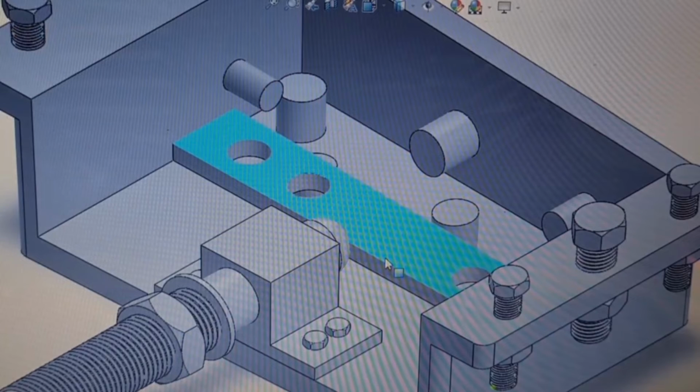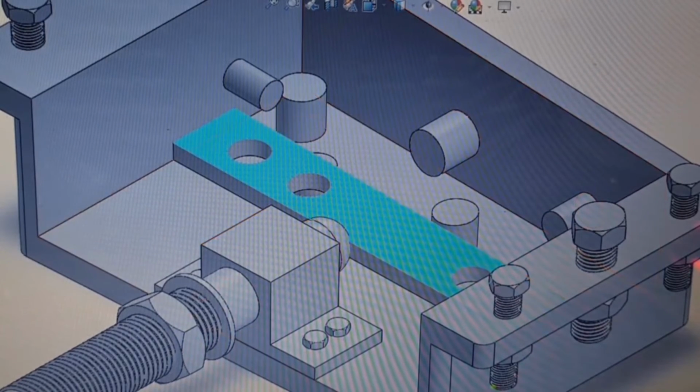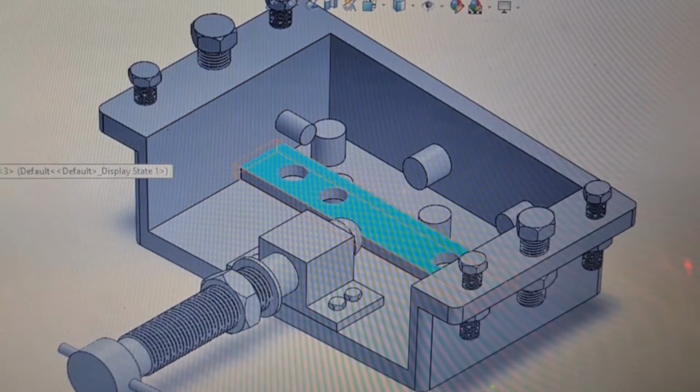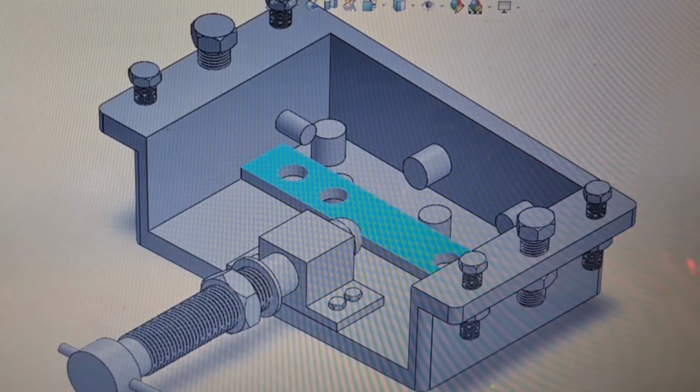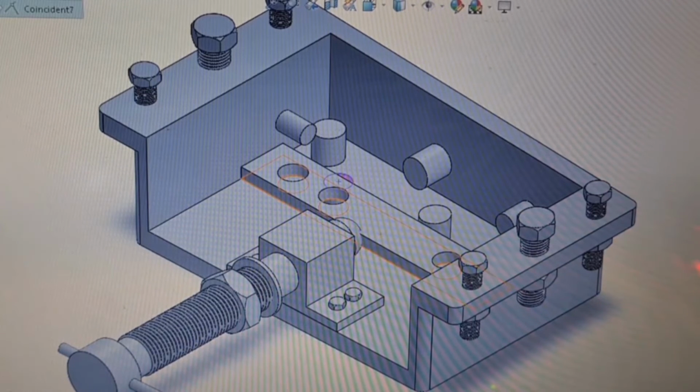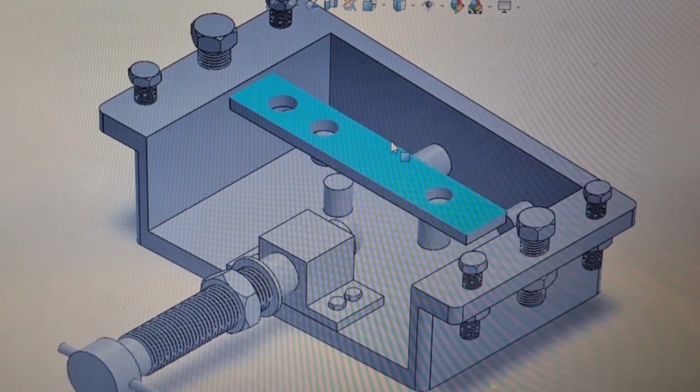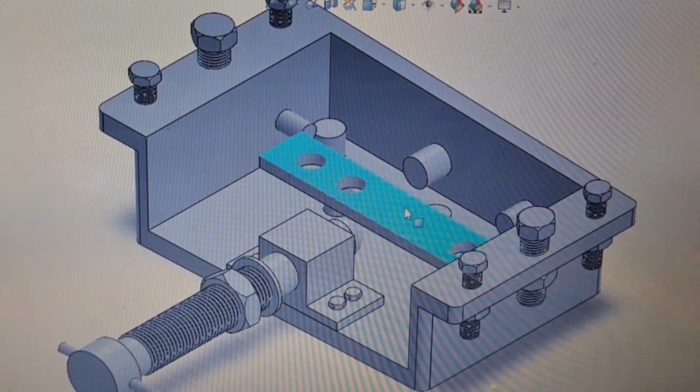How do we load the workpiece into this jig? This is how we load and unload the workpiece.